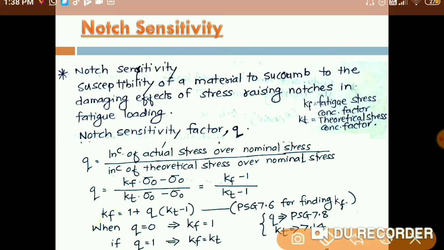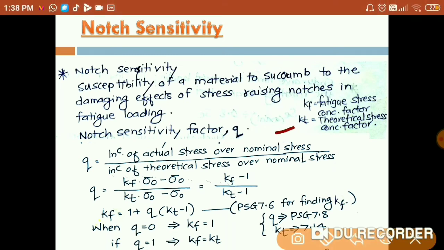If you put these values, you will get a formula for Kf from PSG 7.6 to find the fatigue stress concentration factor Kf, which is equal to 1 plus q(Kt minus 1).